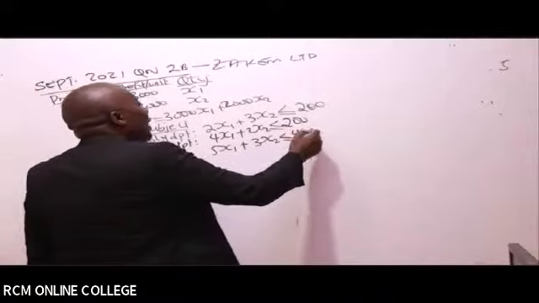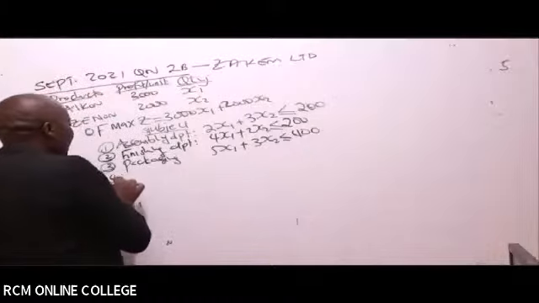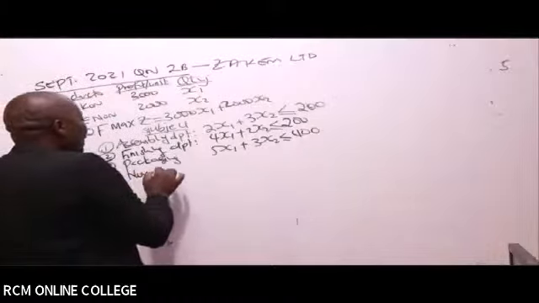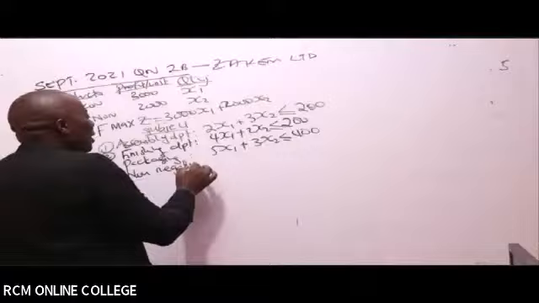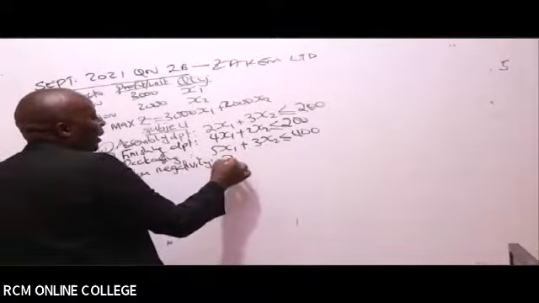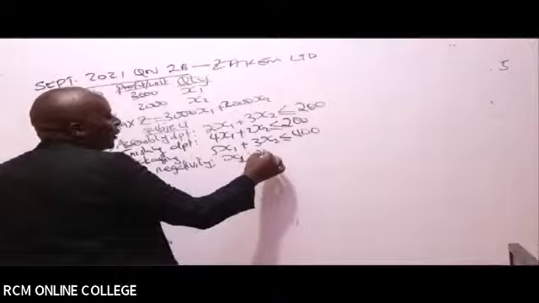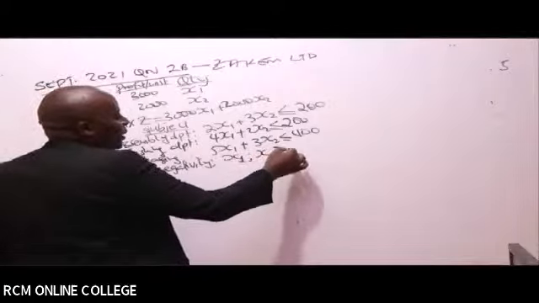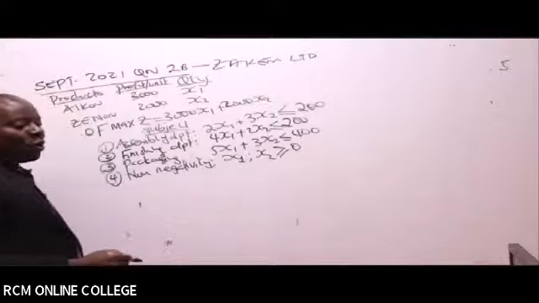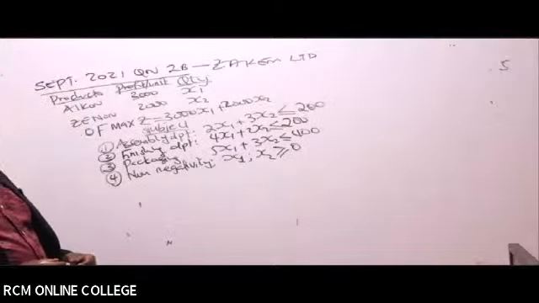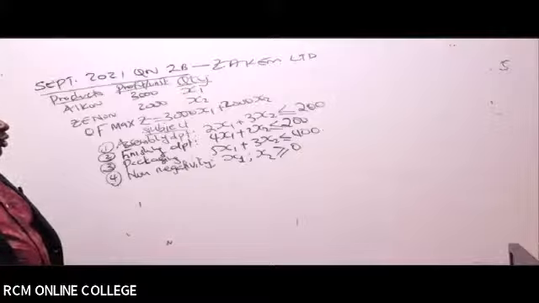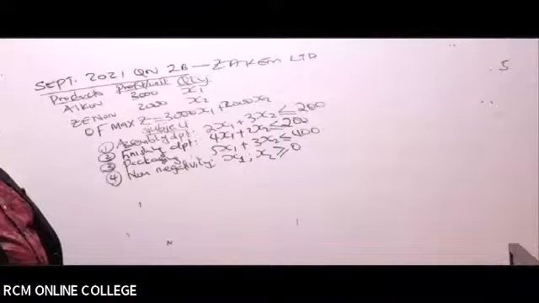We do not have any other constraint other than the non-structural one, the assumption one, what we call the non-negativity: X1, X2 should always be greater than or equal to 0. The non-negativity, X1, X2 should be greater than or equal to 0.